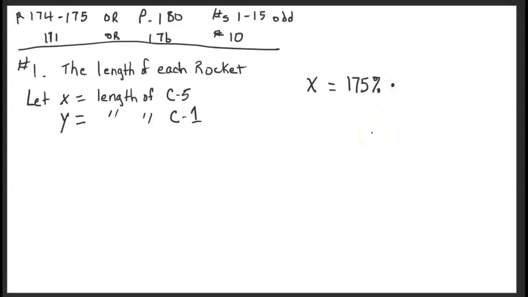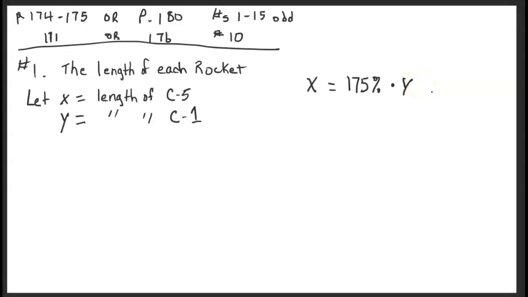And generally speaking, whenever you're given a percentage, it's going to be multiplied to something. I mean, that's just what percentages do. They multiply to things. 175% that of the C1. The C1 is y. So x equals 175% of y.